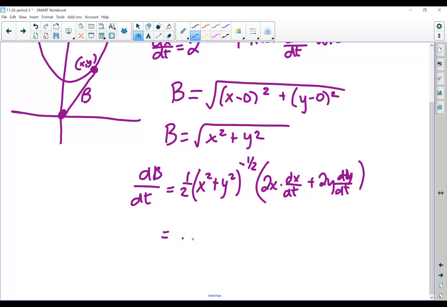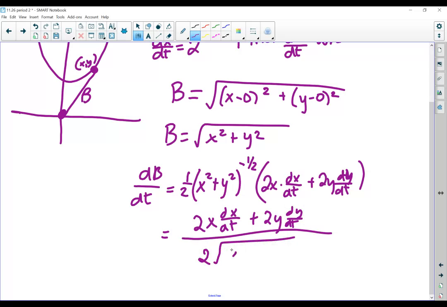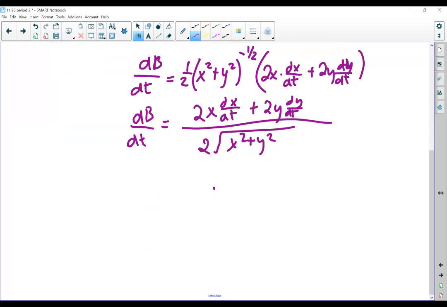So now I'm going to clean this up, and I get 2x dx/dt plus 2y dy/dt over 2 square root of x squared plus y squared equals dB/dt. Okay. Now, I'm looking for dB/dt, which is nice, because all I'm going to have to do is plug in everything, and it's already solved for it.